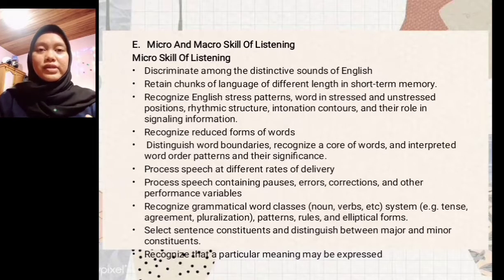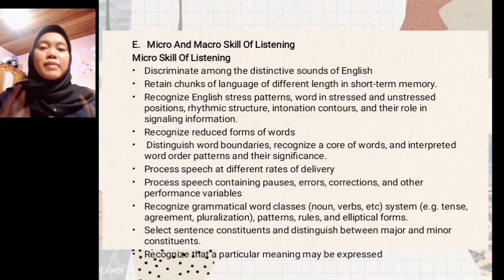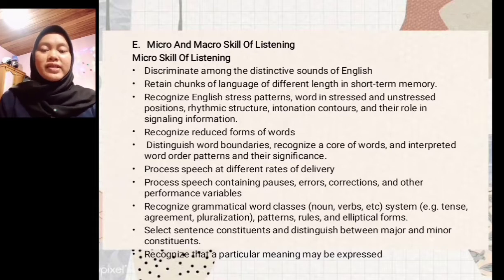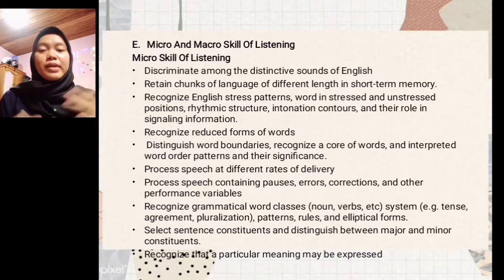Nah, jadi maksudnya micro skill listening ini adalah skill yang hanya berfokuskan pada memahami atau mengenali dari strukturnya. Contohnya tadi seperti grammar, pengurangan kata, intonasi, penekanan, jadi seperti itu. So the ability to understand with the structure.